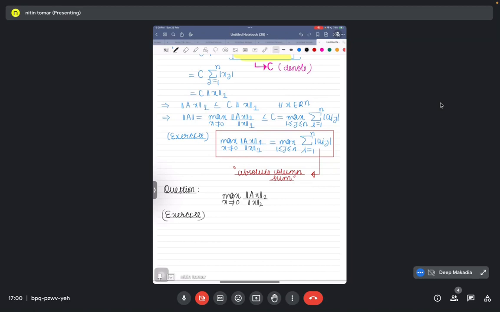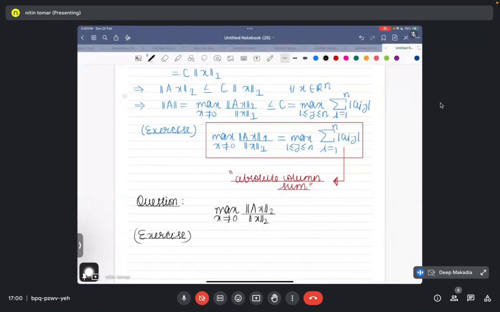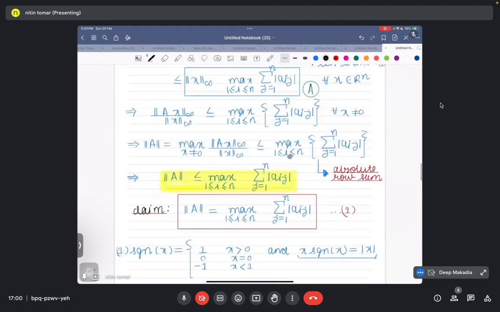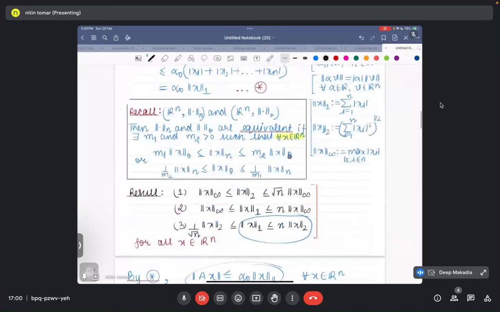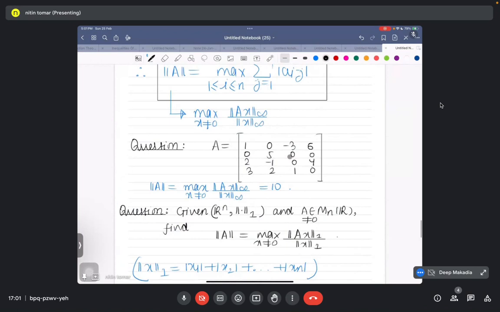For infinity, we know it is the maximum of the absolute row sum. For one, we know it is the maximum absolute column sum. Now, what should we have for the norm two? And while we are here, can anyone tell me this matrix norm with respect to the one norm? What should it be? The matrix norm subordinate to the one norm. Yes, the fourth column, right?